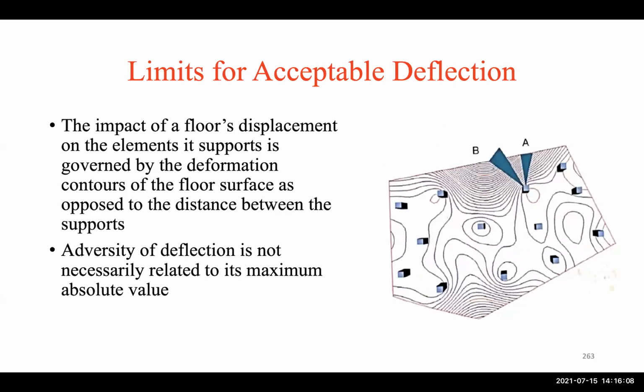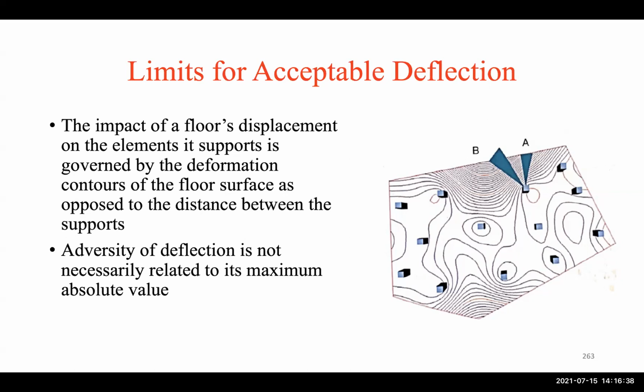Floor deflection is very important, and this is another important design parameter. After we design the slab for flexure, for bending, flexure and shear, we then check the deflection. But keep in mind that the initial selection of the slab thickness is based on L over a value, L over 45, L over 48.